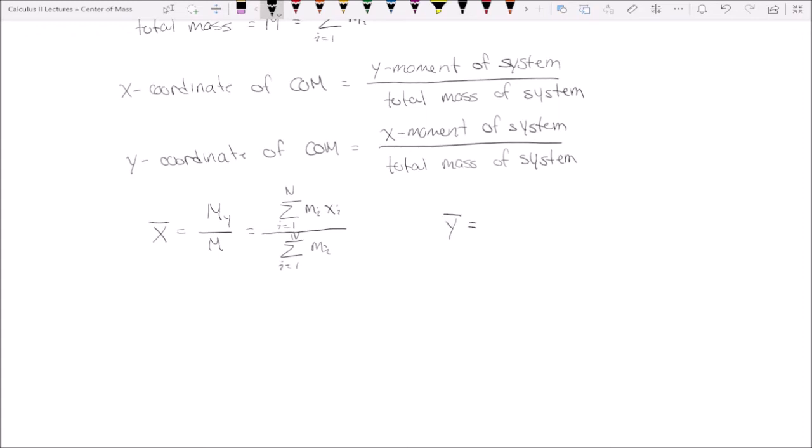Y bar is mx all over m, so sum from i equals 1 to n of m i y i, all over sum from i equals 1 to n of m i, and then our actual center of mass itself is the ordered pair x bar, y bar.